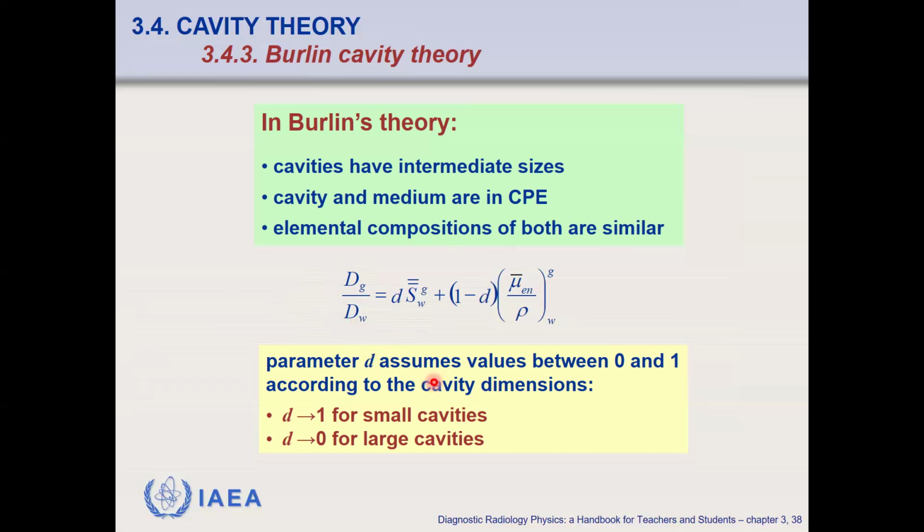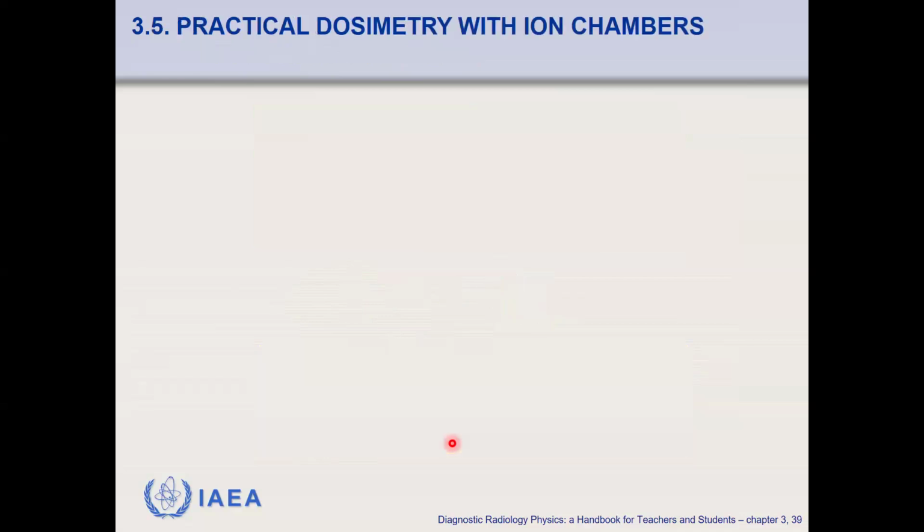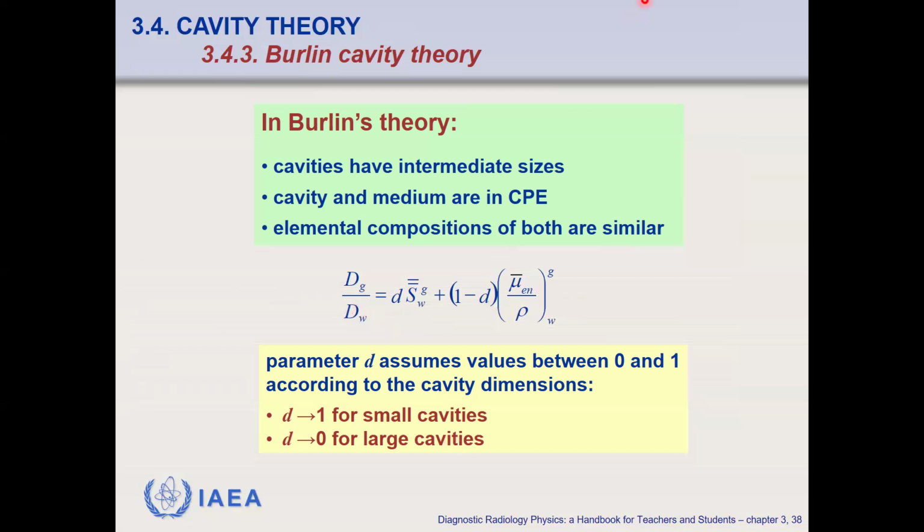The parameter d assumes values between 0 and 1 according to the cavity dimension. We use d equal 1 for small cavities and d equal 0 for large cavities. So d takes into account the cavity dimension. This is concerning the cavity theory and the different types of theories available.